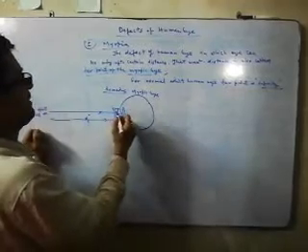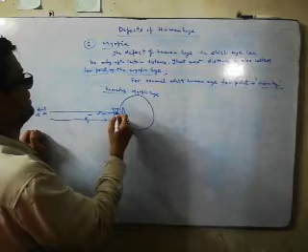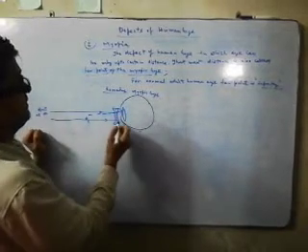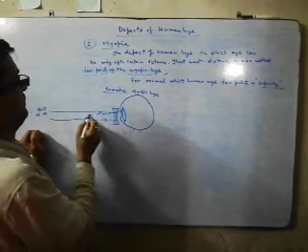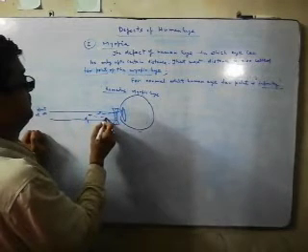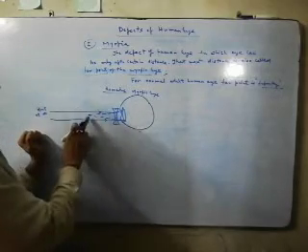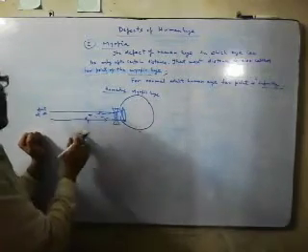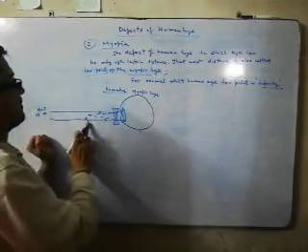When it is diverged by the concave lens, it is diverged such that it is supposed to come from the far point of the myopic eye. It is supposed to come from that point.